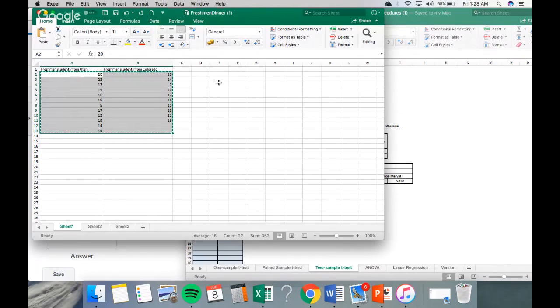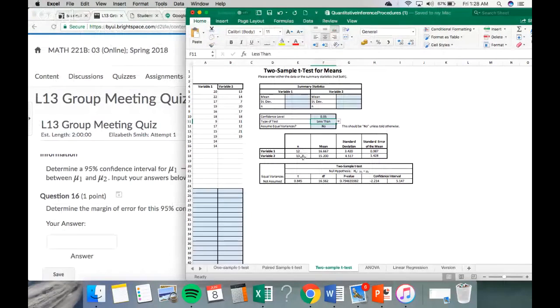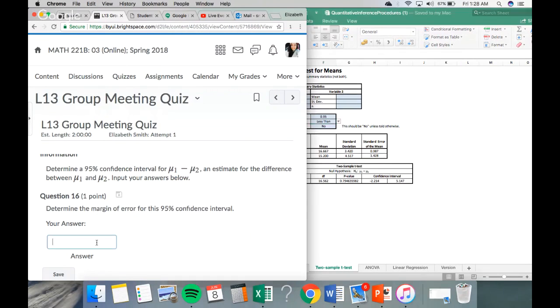Okay, Utah from Colorado. So this minus this. Yeah, this is just 2. Okay, so 2. Let's see if it works. It says the margin of error will be 6.752.